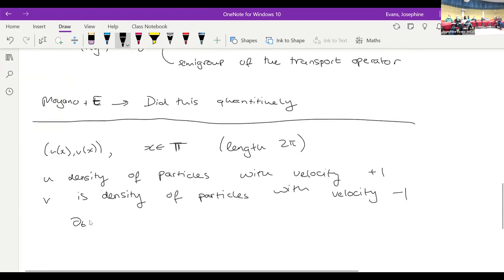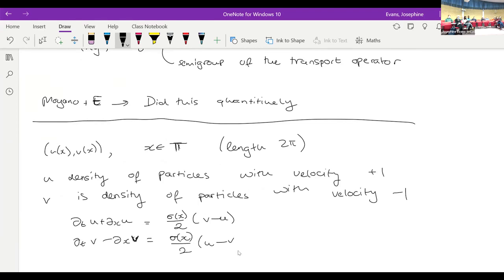So the u particles have velocity +1, and then they switch velocities with rate sigma x over 2. And v particles have velocity -1, and they're transported with that velocity. And then they also switch velocities with rate sigma over 2.